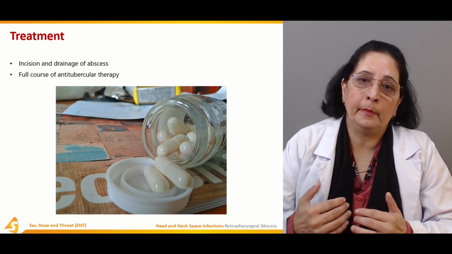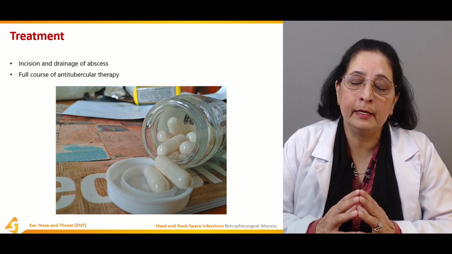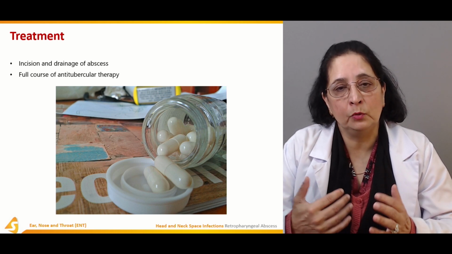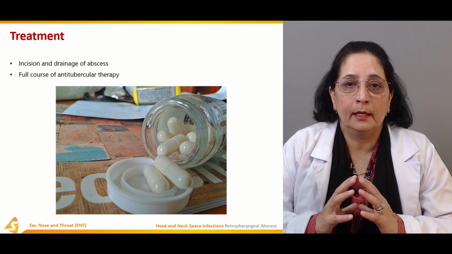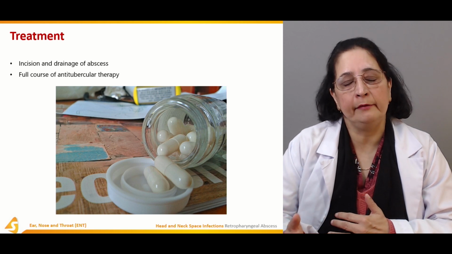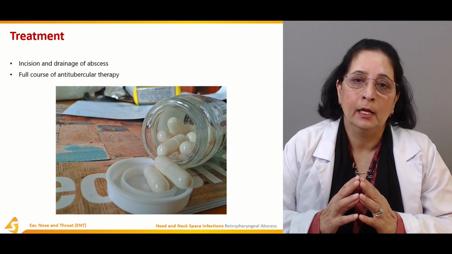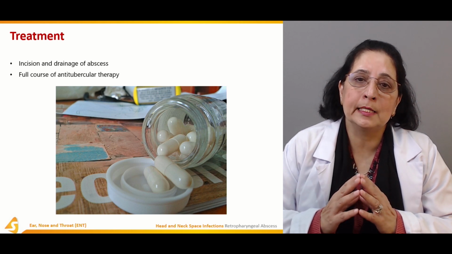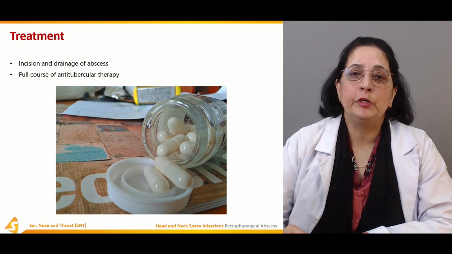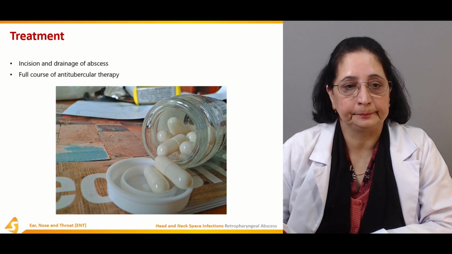If it's due to some other factor, the appropriate treatment is given, but mostly these chronic abscesses are due to caries of the cervical spine or chronic infections like tuberculosis, when a tuberculous lymph node is present, and then it can cause retropharyngeal abscess, which is chronic retropharyngeal abscess.